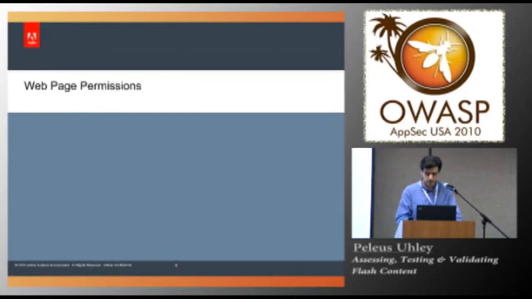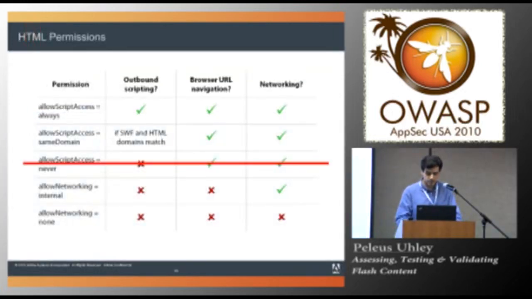So let's start with the very basics of Flash, and that's web page permissions. Whether or not a SWF can talk to its surrounding container, whether it can talk to the HTML that has loaded it, all depends on what the allowScriptAccess setting is that was set on the object tag. By default, Flash can only talk to the HTML and the JavaScript DOM if the SWF and the HTML page were hosted on the same domain.